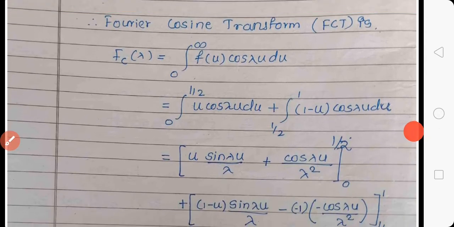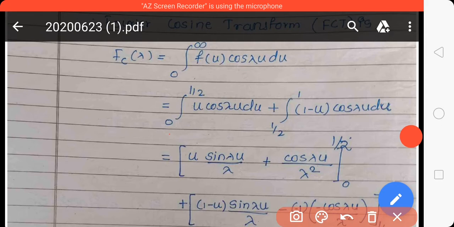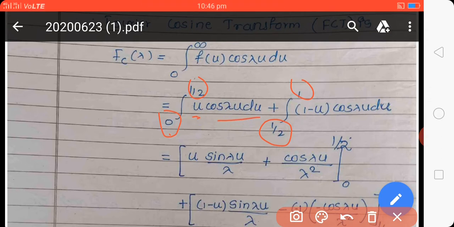But between 1 and infinity, the value of the function is 0. Therefore, we consider only 0 to half and half to 1. If the value is between 0 and half, then the value of the function is x, and we put this in terms of u into cos lambda u du. And if the value is between half and 1, then the value of the function is 1 minus u, that is 1 minus x.